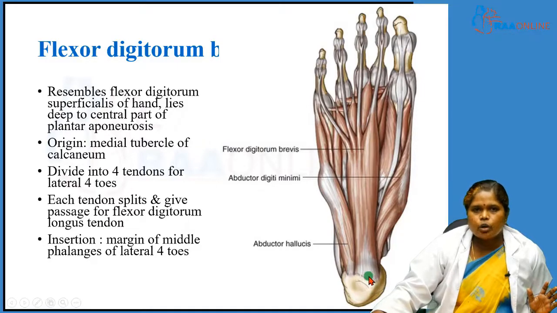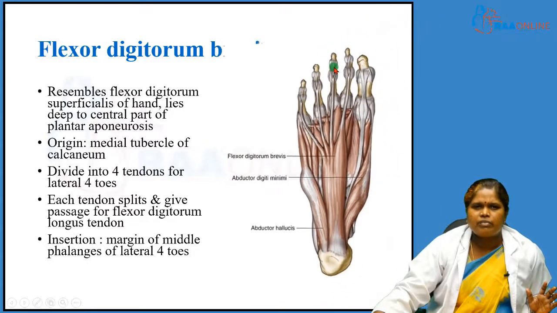For the origin, it arises from the medial tubercle of the calcaneum. If we trace it distally, it divides into four tendons and is inserted into the lateral four toes. All four slips reach the middle phalanx, where each divides into two to allow the other tendon, the Flexor Digitorum Longus tendon, to pass, and then attaches to the sides of the middle phalanx.